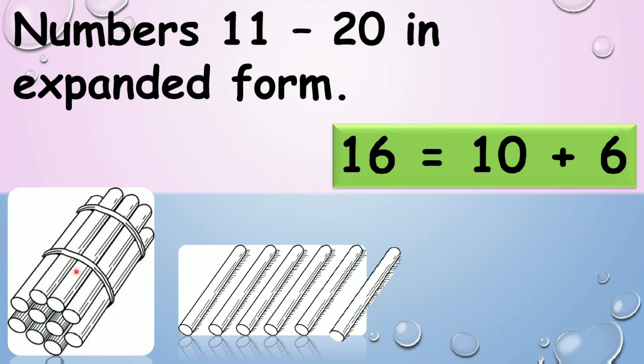Just like here, for example, how many sticks are there altogether? Well, we already established these are 10. Now let's count to see how many these are. 1, 2, 3, 4, 5, 6. So 10 plus 6 gives us a total of 16.